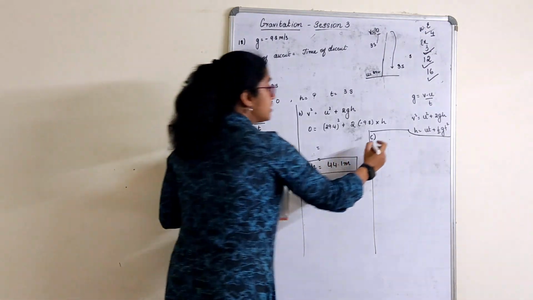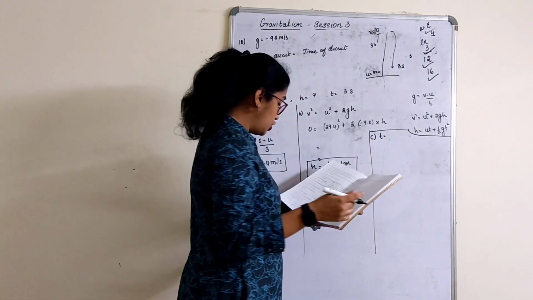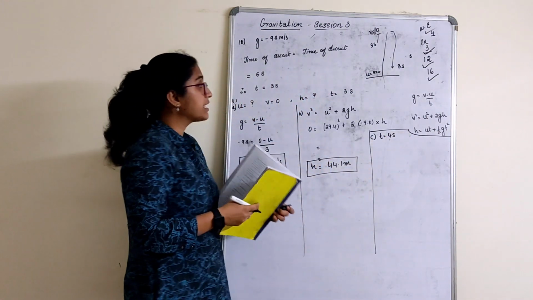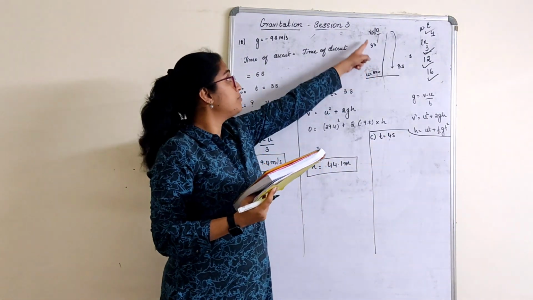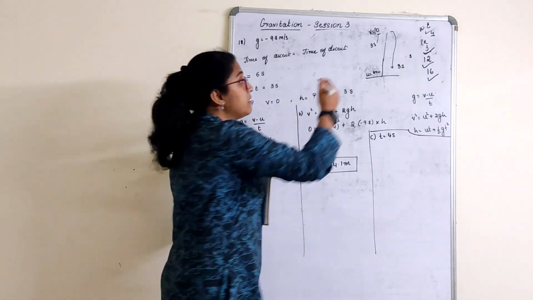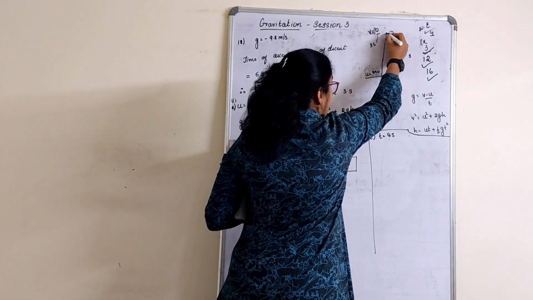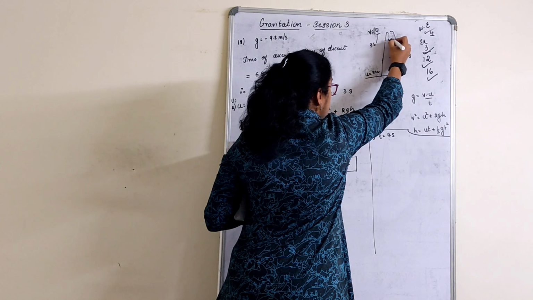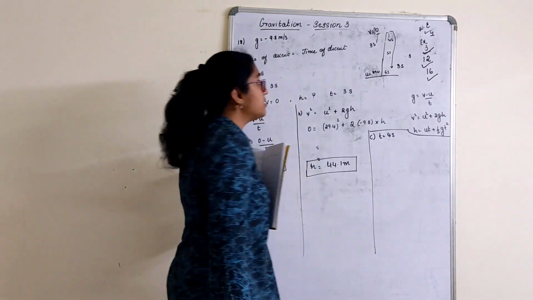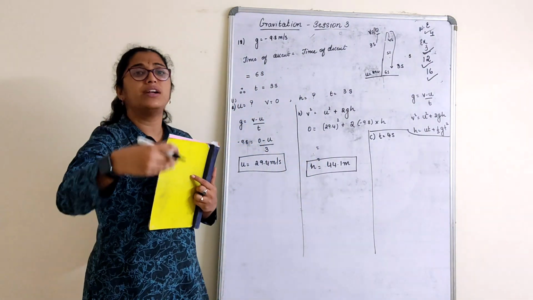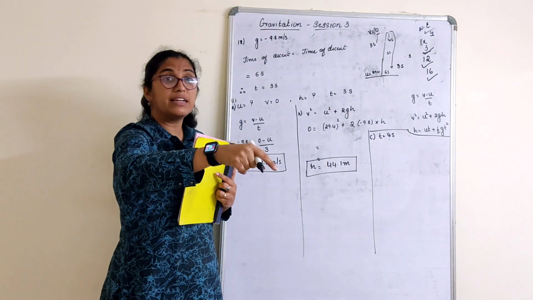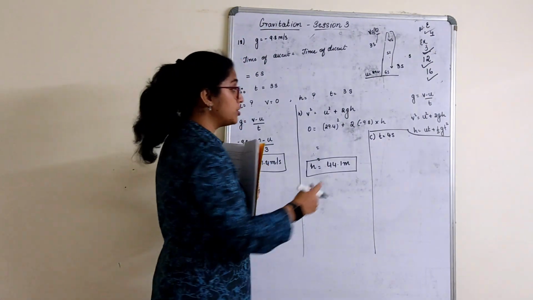Now the question is, what is the position of the ball after 4 seconds? After 4 seconds means, children, it is not that the ball is still going up. The ball has already reached the top. After 3 seconds, the next is 4 seconds, 5 seconds, and at 6 seconds it touches the ground. That means at 4 seconds the ball is already falling down in the downward motion.